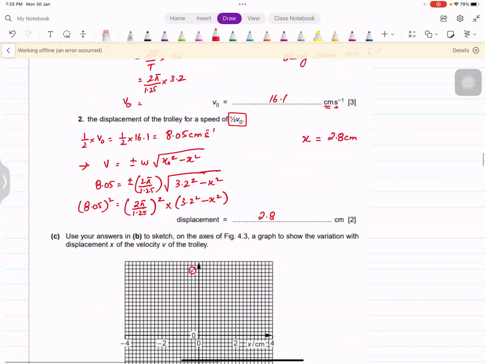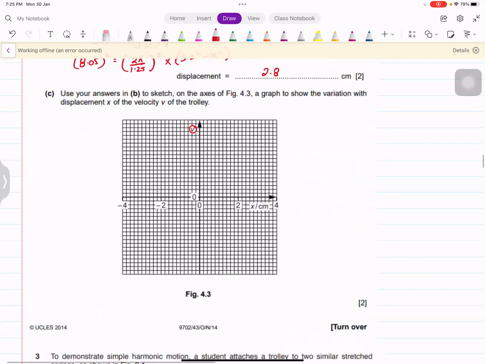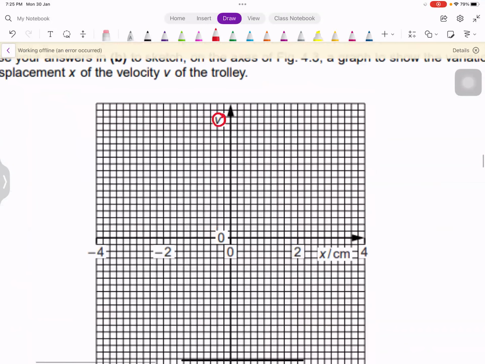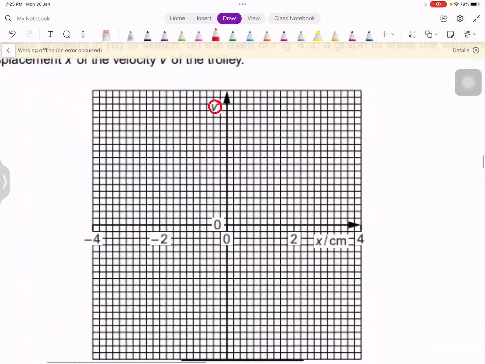So what you want to do is, let's take 1, 2, 3, 4, 5, 6, 7, 8, 9, 10. Okay, wait. This is not good.